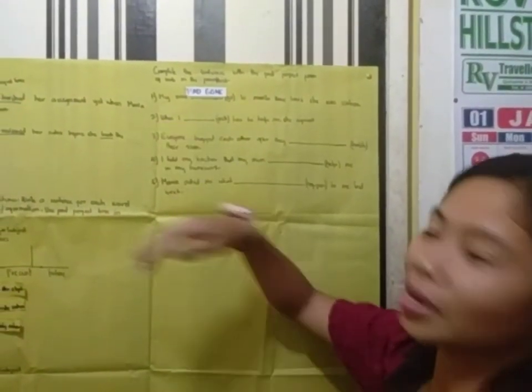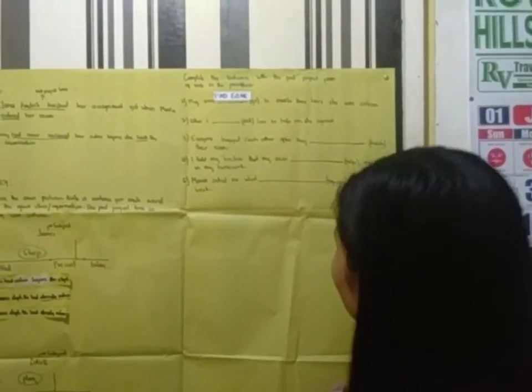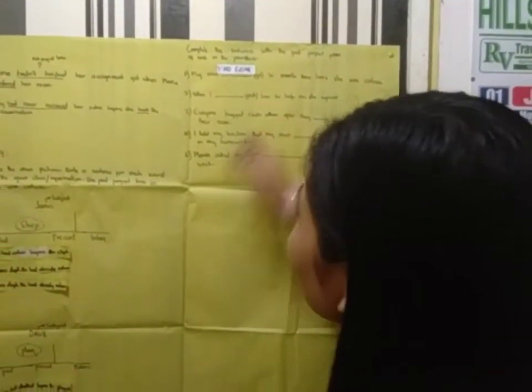Alright, number two: When I blank asked her to help me, she agreed. The past participle of asked is asked, so we will put had asked.